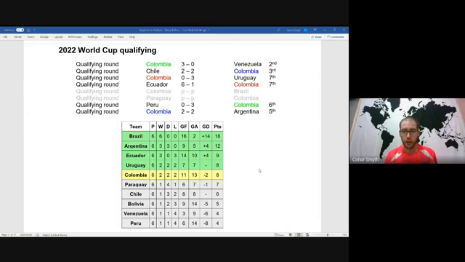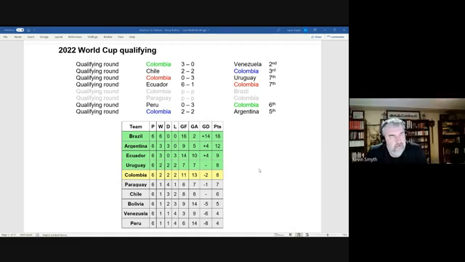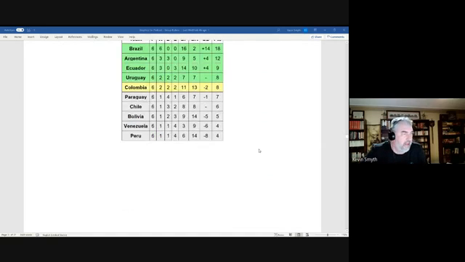So there are some decent results. They won 3-0 away to Peru and also tied Argentina, but some poor results as well. A 3-0 home loss to Uruguay. And then, as we had mentioned, a hammering 6-1 loss away to Ecuador. Oof. That's all I have to say about that.